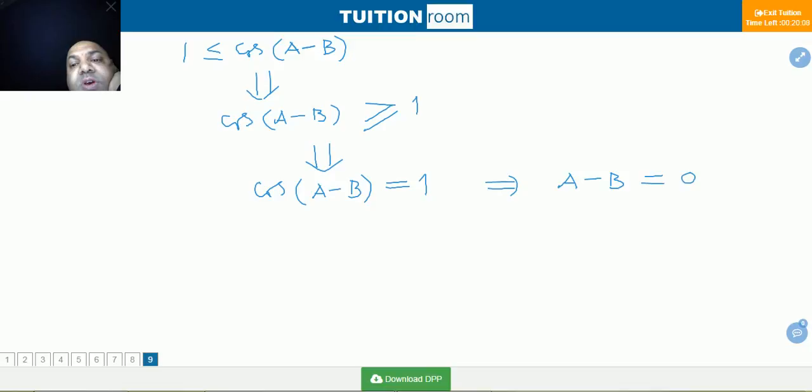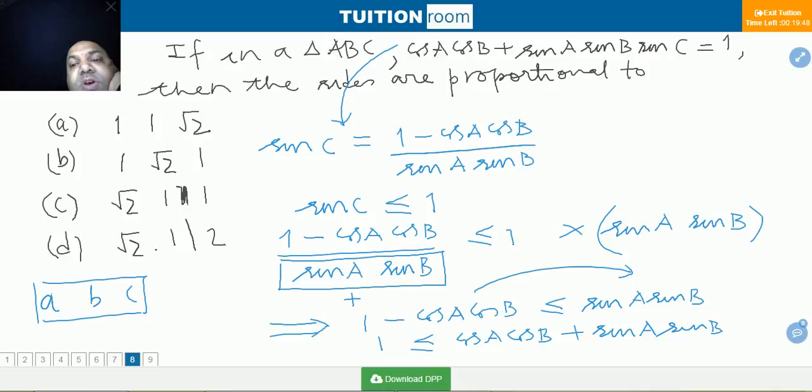This implies that A will be equal to B. Now guys, very interesting. See here we have used equal, so here will also be equal, here will also be equal. Whenever there is equality, sin C will be equal to 1, implies C is equal to 90 degrees.